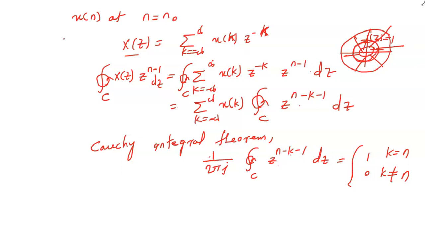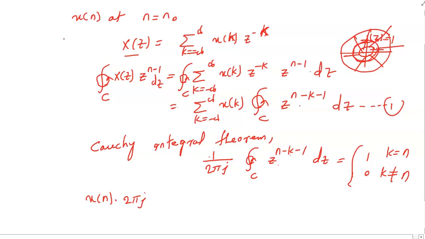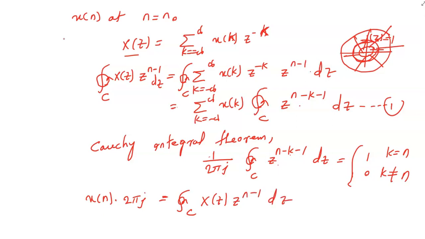That means x of n, on the right side of this equation, let's say equation 1, will be x of n into 2 pi j, which is equal to the complex integration over c of X of z times z to the power n minus 1 dz.